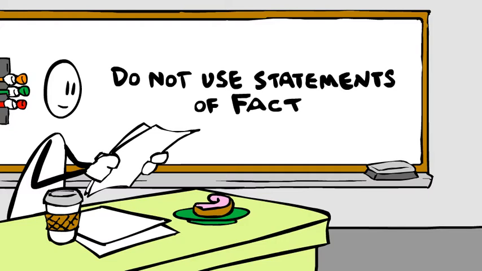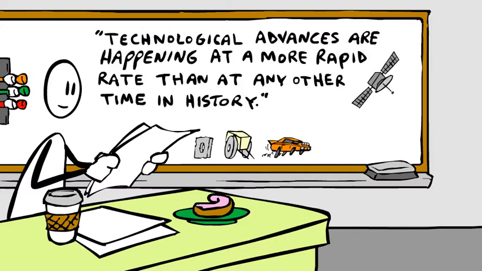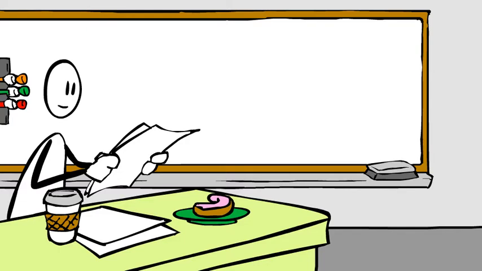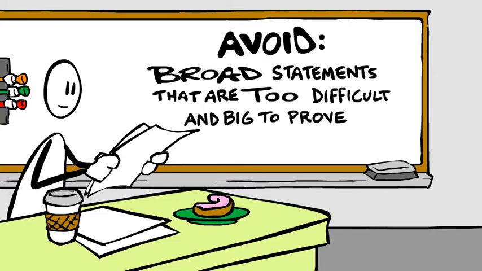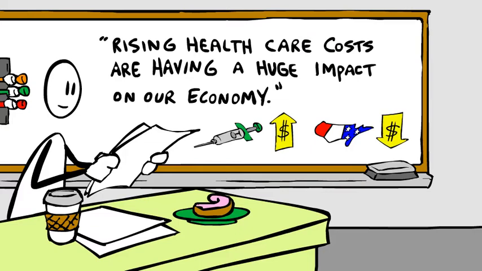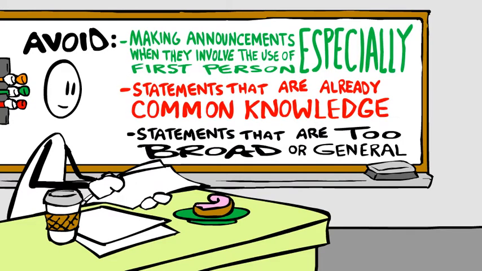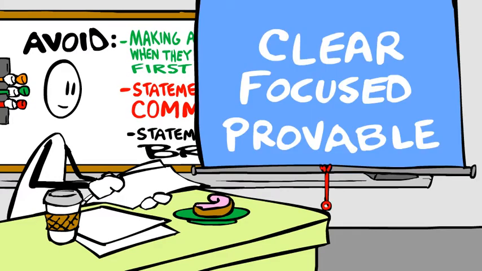Generally, people agree on statements like these, so there isn't anything for you to argue or prove within your paper. Lastly, avoid broad statements that are too difficult and big to prove. Ideally, your thesis statement should be clear, focused, and provable.